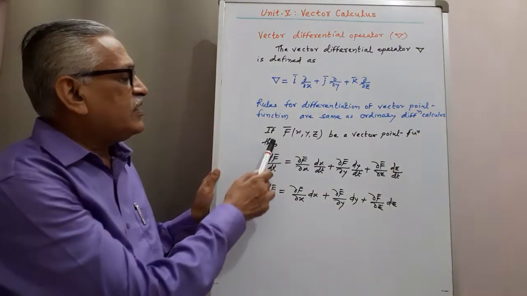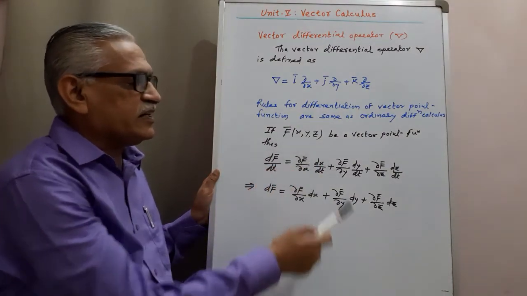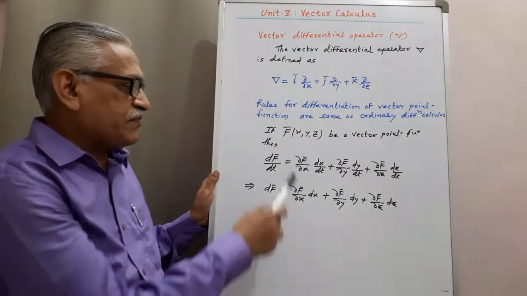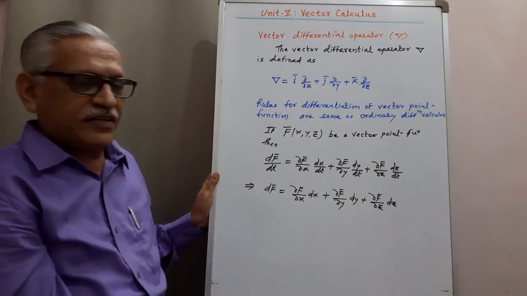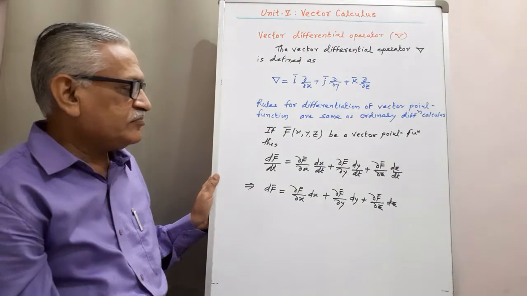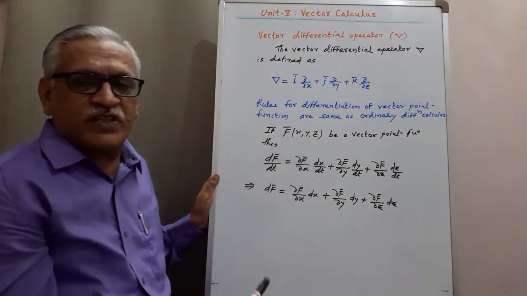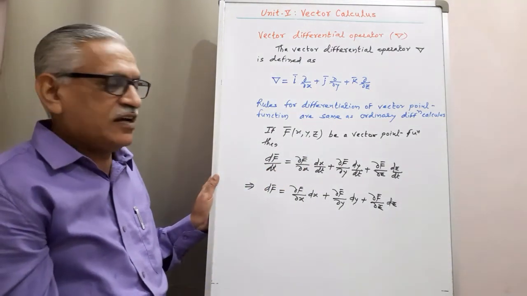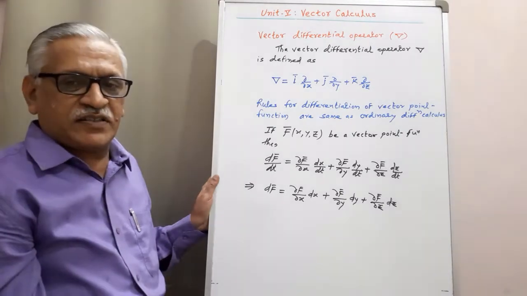Therefore, if F bar of x, y, z is a vector point function, then its derivative with respect to t, dF bar by dt, as it is a function of more than one independent variable, we have to take its partial derivative.